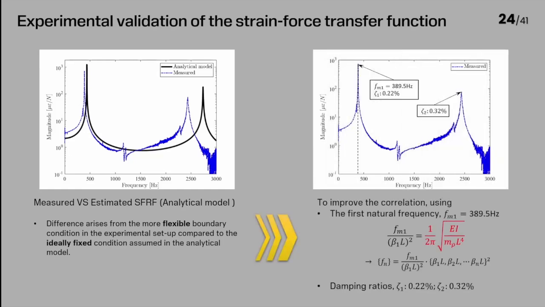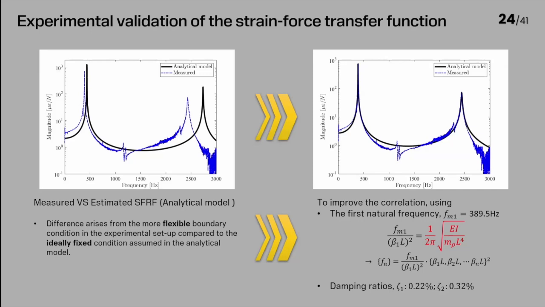To improve this correlation, we extracted the first natural frequency and the damping ratios from this measured FRF. The first natural frequency will help us to calibrate the model parameters, which is correlated to the beam's physical properties by the following equation, quickly adapting the model to the real setup, and damping ratios will help us to correct the magnitude of the model.